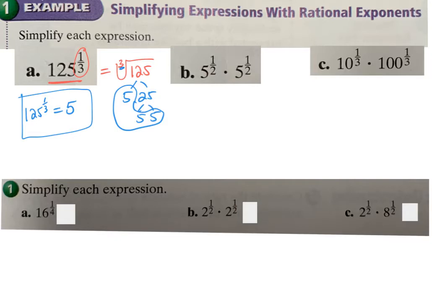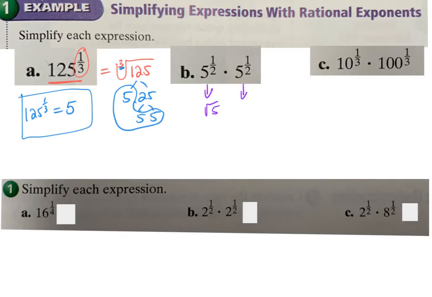Now, the next one, I don't have a square root of 5. I just don't have one. And so converting it to radical form may not be the easiest mode here. But what I do know is I have the same exact bases. So if I were to rewrite this, that would be the square root of 5.